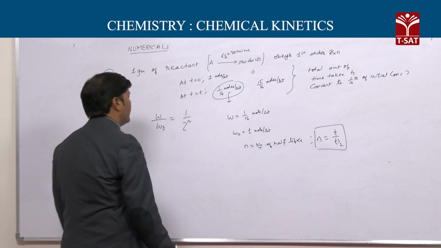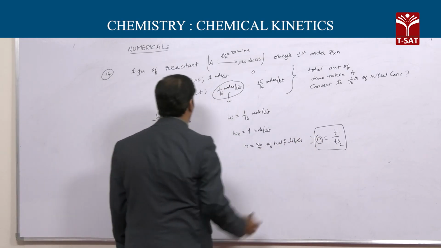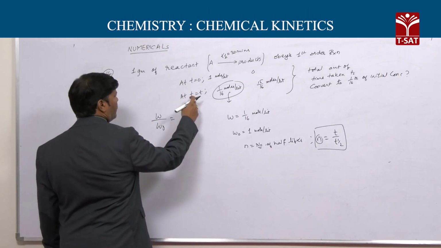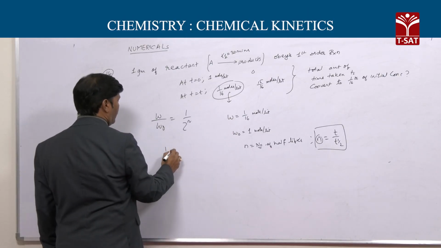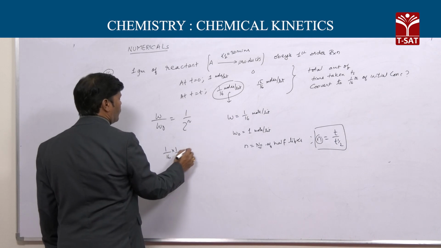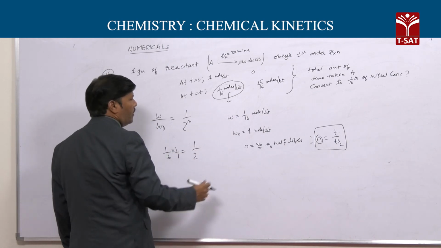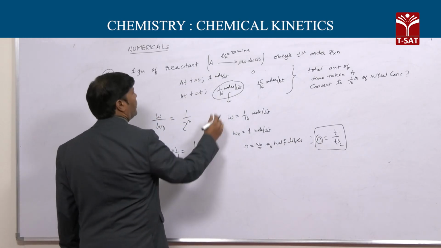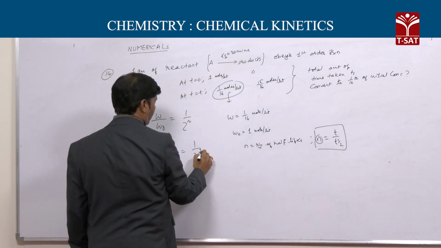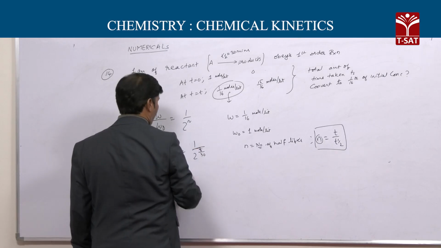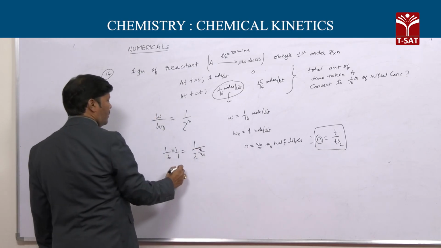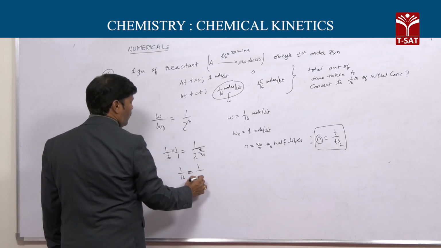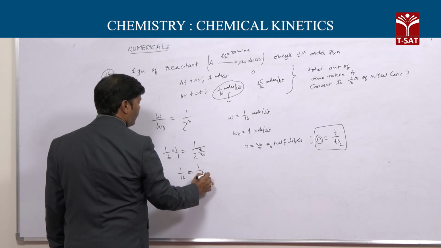Since W is 1 by 16, 1 by 16 is equal to 1 by 2 to the power of the number of half lives, which is T by T half. We already know T half is 30 minutes, so 1 by 16 is equal to 1 by 2 to the power of T by 30.